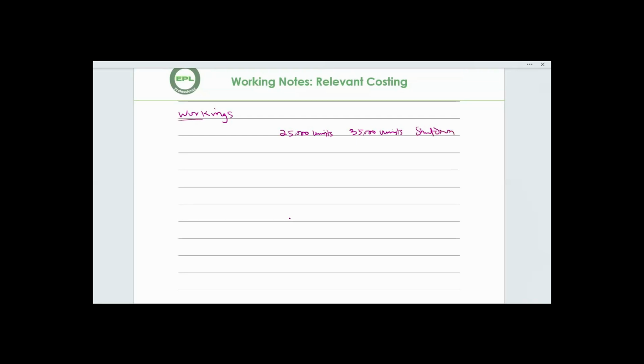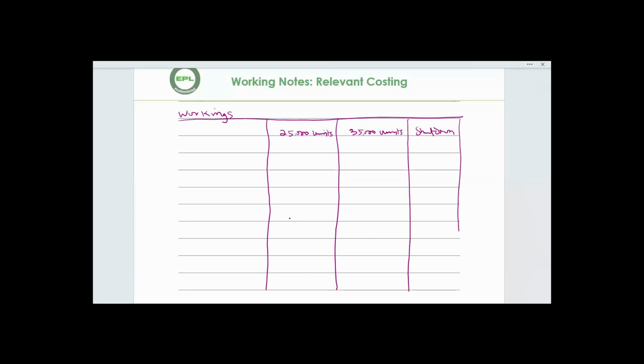So I can draw down my table, do my straight line. Okay. All right then.